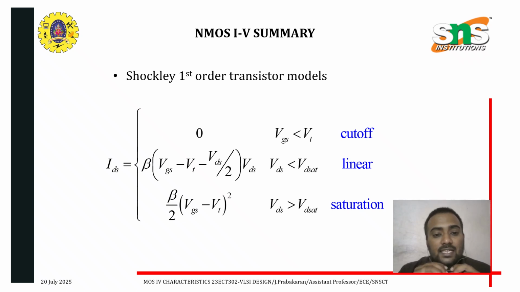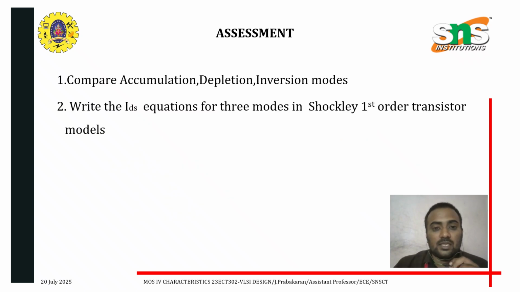For cutoff region, the current IDS is 0, and in the linear condition the current has the value beta into VGS minus VT minus VDS divided by 2, into VDS, and in the saturation condition, the IDS value is equal to beta divided by 2 into VGS minus VT whole square.